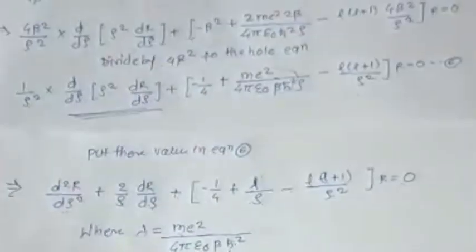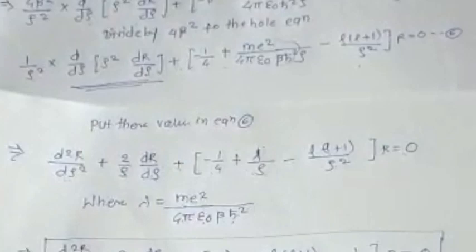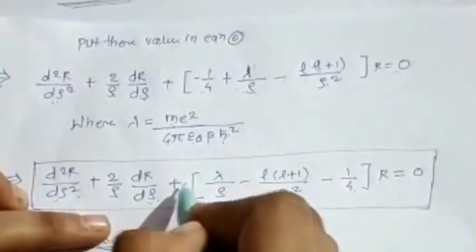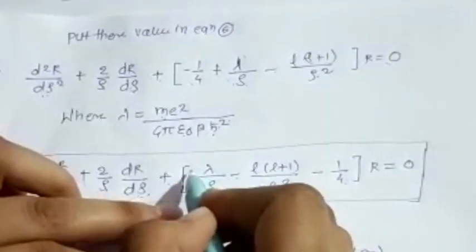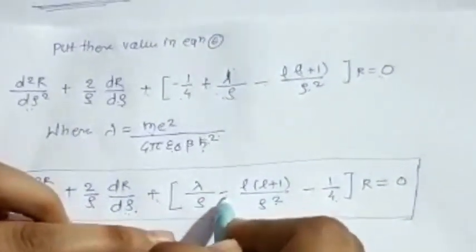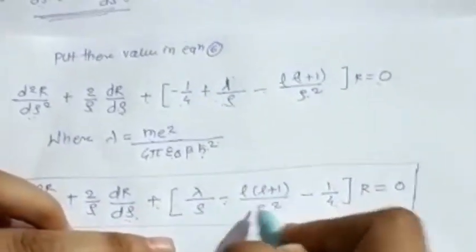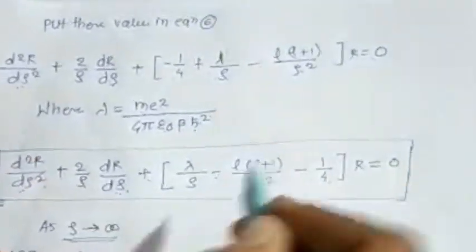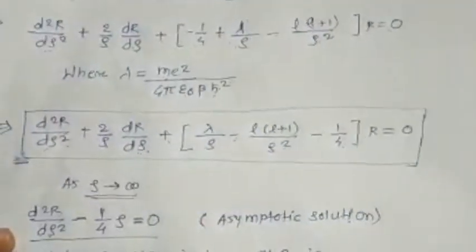So now we can rearrange the equation, that is d2r upon d rho square plus 2 divided by rho dr upon d rho plus in bracket minus 1 upon 4 plus lambda divided by rho minus L into L plus 1 divided by rho square R is equals to 0, where L can be replaced by the principal quantum number.